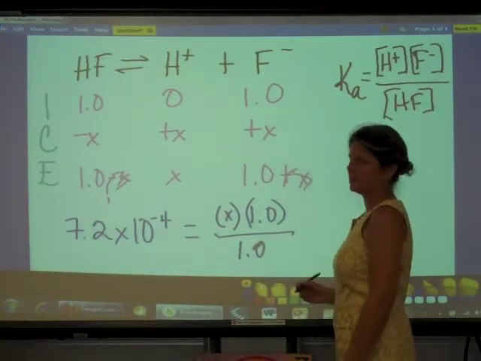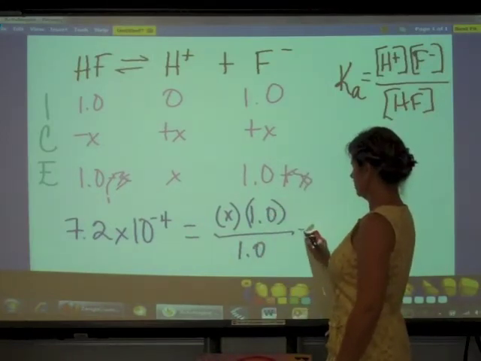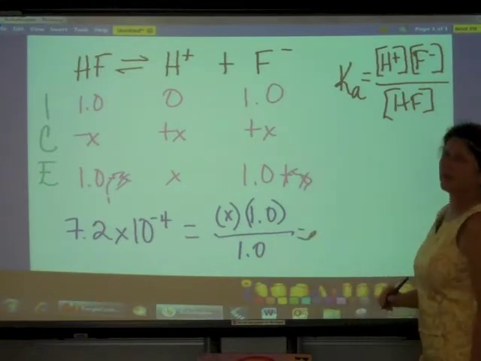Nice the way I made these numbers so easy. So what's my value of x?